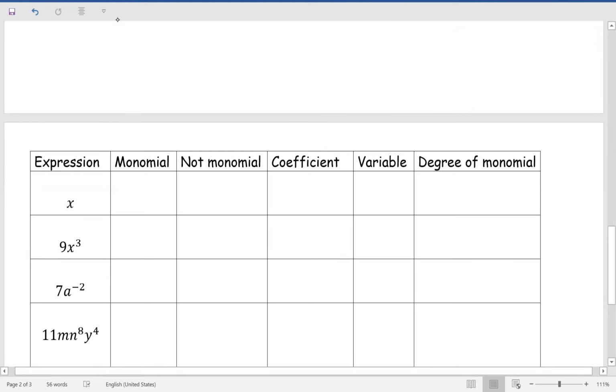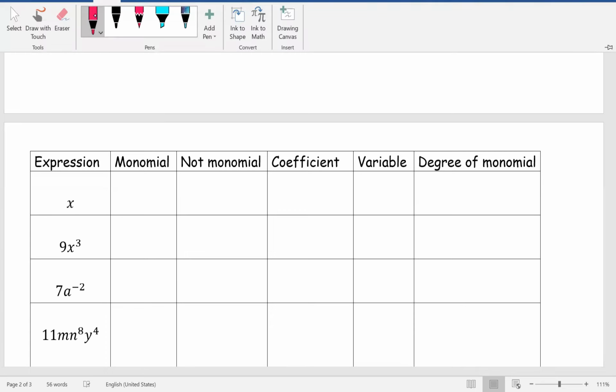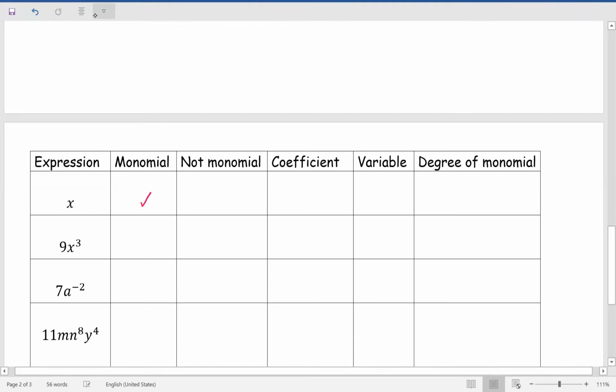So we are having, number 1, we have x. Is x a monomial? Oh yes, because it is a variable, and a variable is a monomial. What is the coefficient? So here we have got like 1. So 1 times x is the same as x. So here the coefficient, we say that it is 1, and the variable, of course, is x. The degree, now when you have any variable with no power, we know that it is to the power of 1.